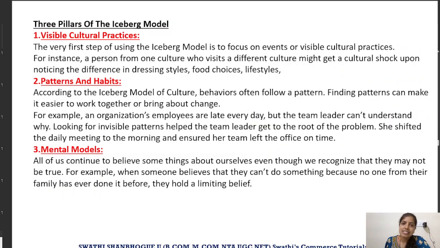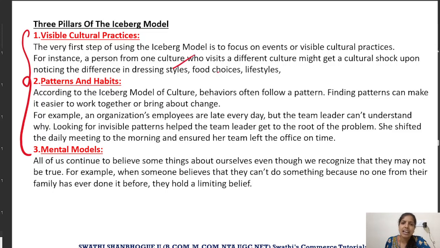So in order to understand these beliefs, they have segregated this iceberg model into three pillars. The first being the visible cultural aspect, the second being your patterns and habits, and the third being your mental model. Now, visible cultural practices are those which are always visible to our eyes.